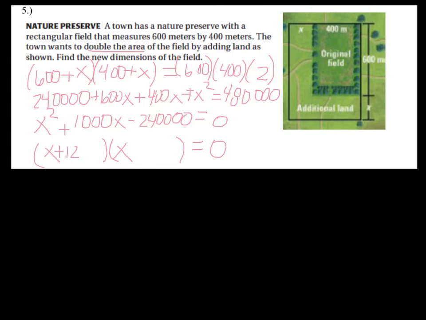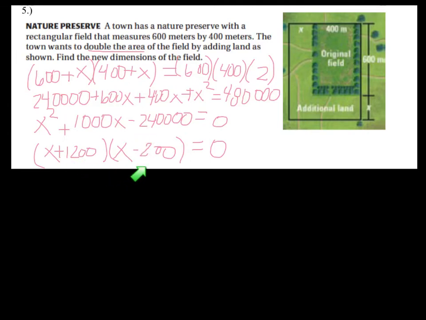So if I do 1,200 and negative 200, this will work because I'll get positive 1,200 minus 200 will leave me with 1,000. And 1,200 times negative 200, well, 12 times negative 2 is negative 24.